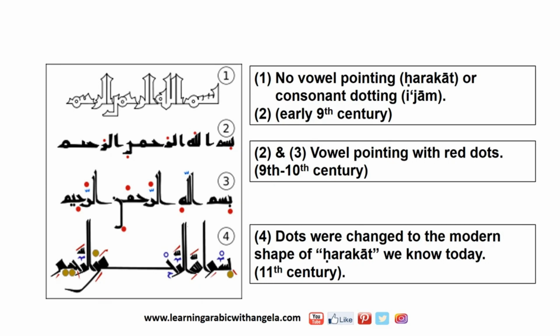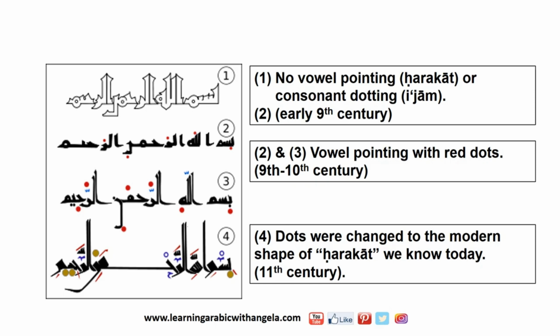Here is an image that describes the evolution of diacritics and dotting in Arabic calligraphy. The Basmala was taken as an example from Kufic Quran manuscripts. It reads, Bismillahir Rahmanir Rahim, in the name of God, the All-Merciful, the Especially Merciful.